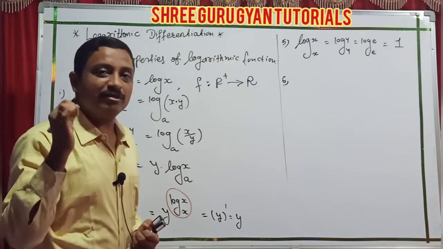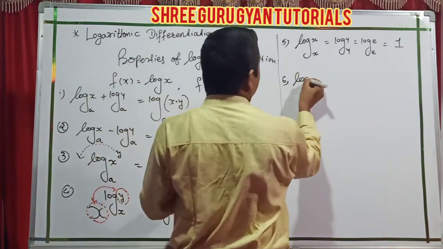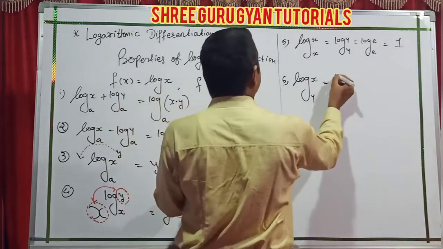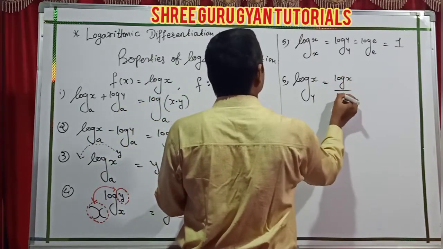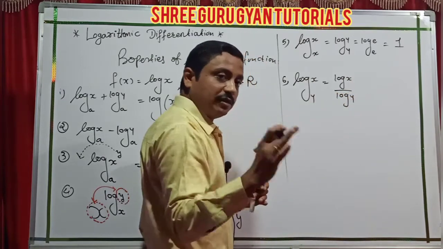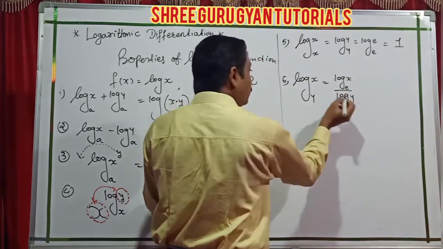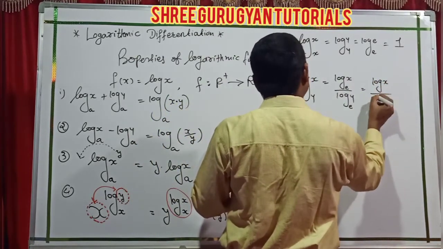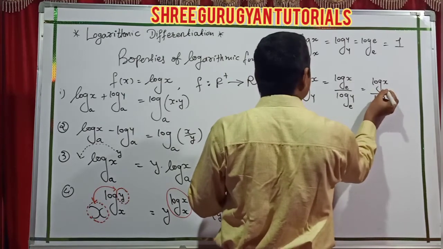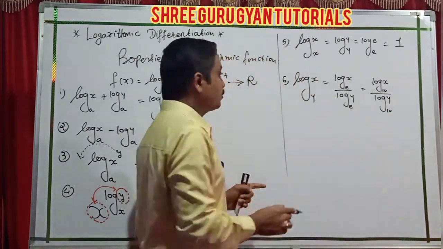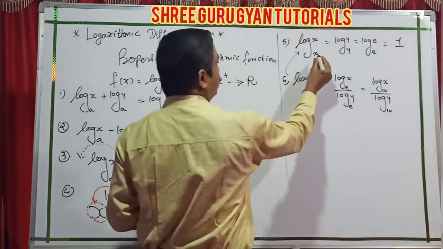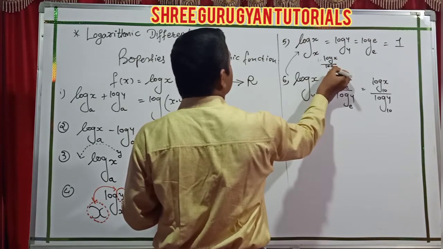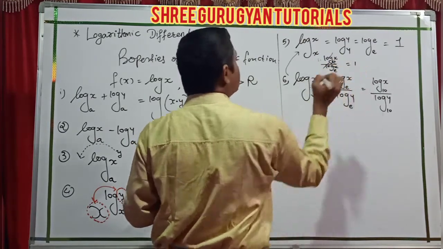It is the change of base rule property: log x to the base y. If given, you translate here log x by log y, in any base, meaning base e written, then both are the same. You also see sometimes log x by log y with base 10, which is also true. So if you apply this property here, surely you get log x by log x, base e, surely cancelling, the answer is 1.